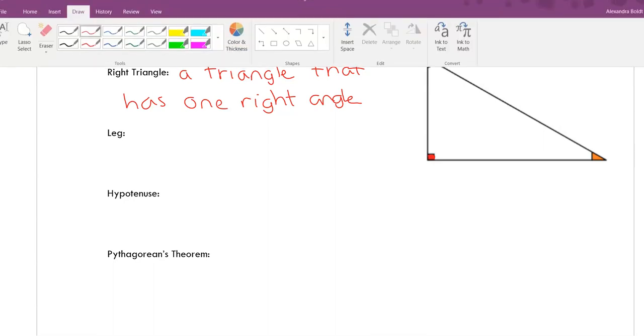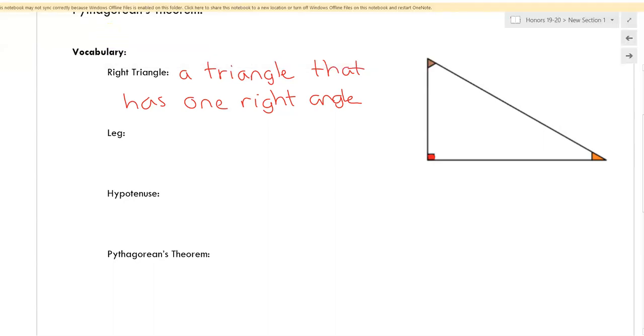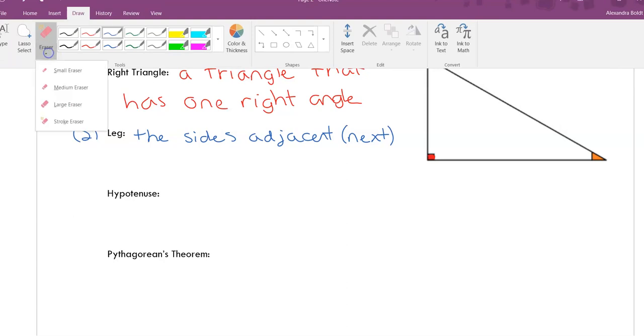You have two main types of sides in a right triangle. A leg: you have two of them. They are the sides adjacent, that's next to, right?